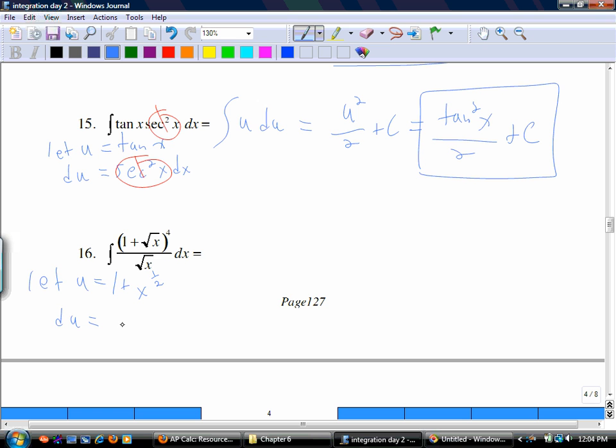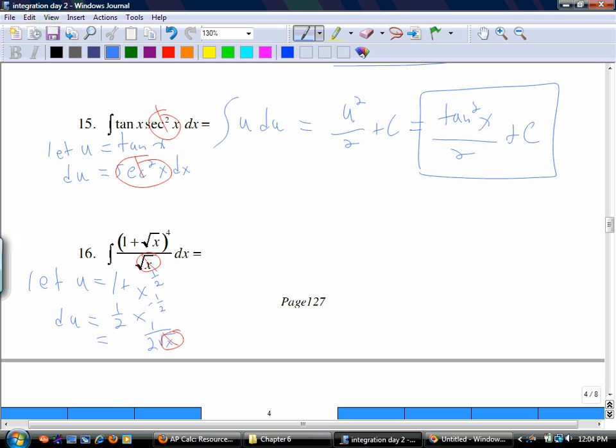Yeah. Right. 1/2 x to the negative 1/2, which is the same as 1 over 2 root x, right? So because this is over root x this time, you can see, okay, that's over root x, that's over root x. Those are the things that cancel.